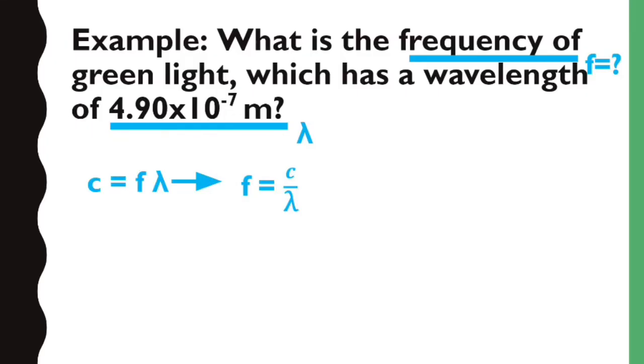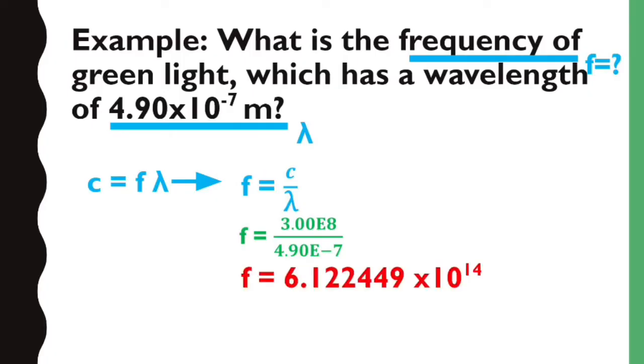So I just need to plug in my C value divided by that lambda value. So 3.00 times 10 to the 8th divided by 4.9 times 10 to the negative 7, with those E's instead of the 10s. Plugging that into our calculator, we would get out 6.122449 times 10 to the 14th, which we would round to 3 sig figs, just keeping the first 3 digits of that base, gets us 6.12 times 10 to the 14th.